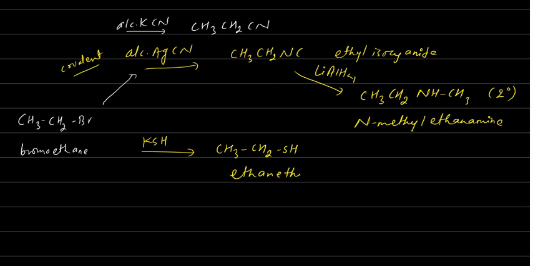The product is ethanethiol. Similarly, when haloalkanes react with ammonia, alcoholic ammonia, the product formed is CH3CH2NH2. Yes, this is the amine with the equal number of carbons. That is ethanamine.